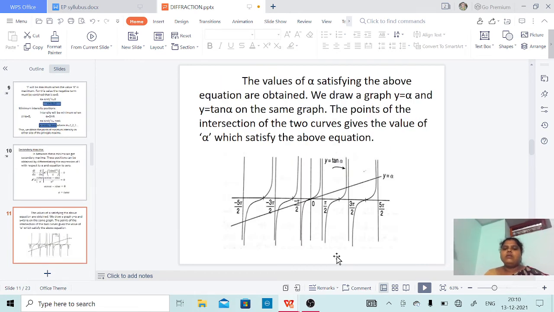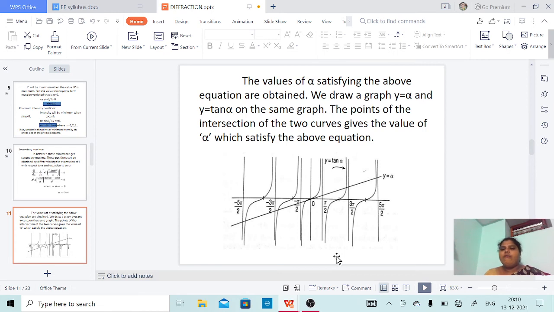Now see how the values will be. The values of alpha satisfying the above equation are obtained as follows.